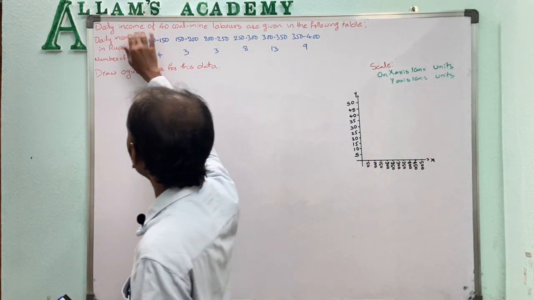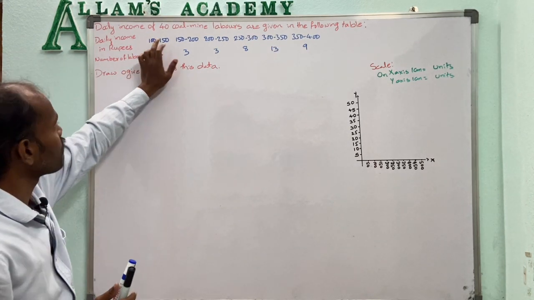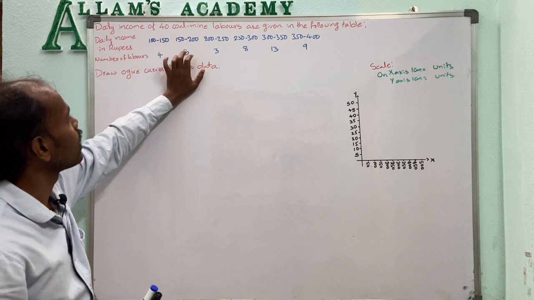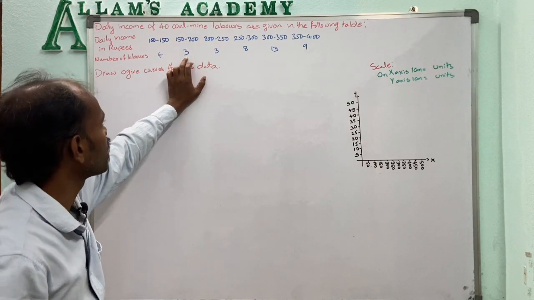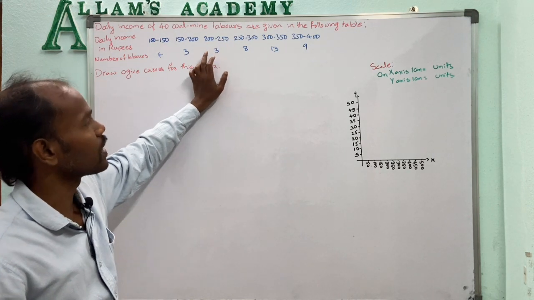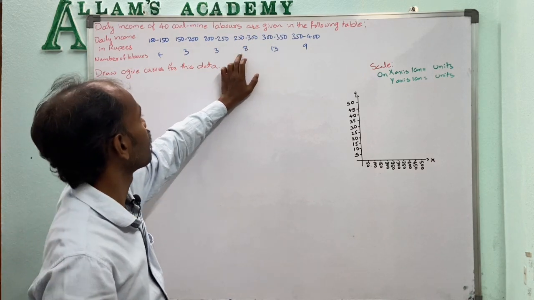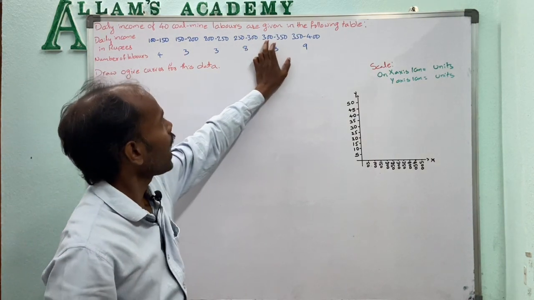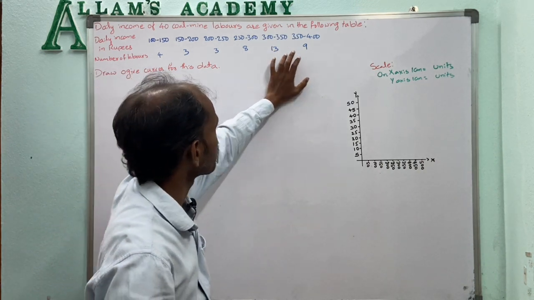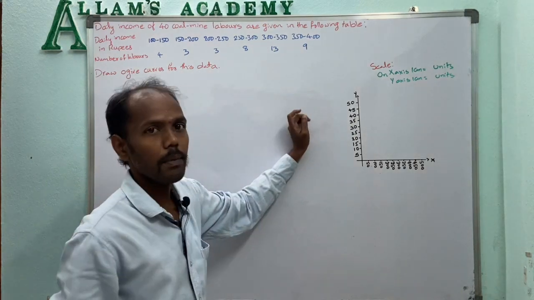Daily income in rupees and number of laborers. 100 to 150 rupees, 4 members; 150 to 200 rupees, 3 members; 200 to 250 rupees, 3 members; 250 to 300 rupees, 8 members; 300 to 350 rupees, 13 members; and 350 to 400 rupees, 9 members.